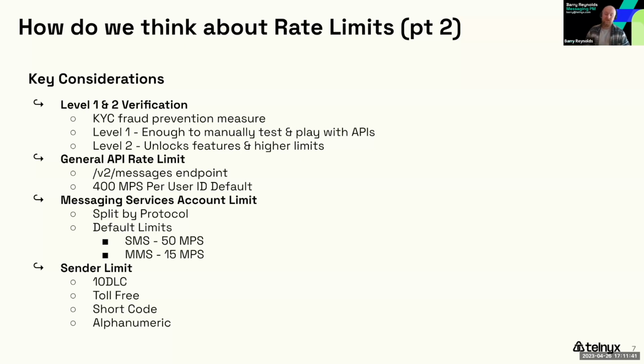It's unfortunately split by protocol because MMS is resource intensive and capacity is especially finite, both with Telnyx and the industry as a whole. So we have to give out a little less there and hold on to it a little bit more, unfortunately. Then we have the sender limits, which I'll get into in the subsequent slides.